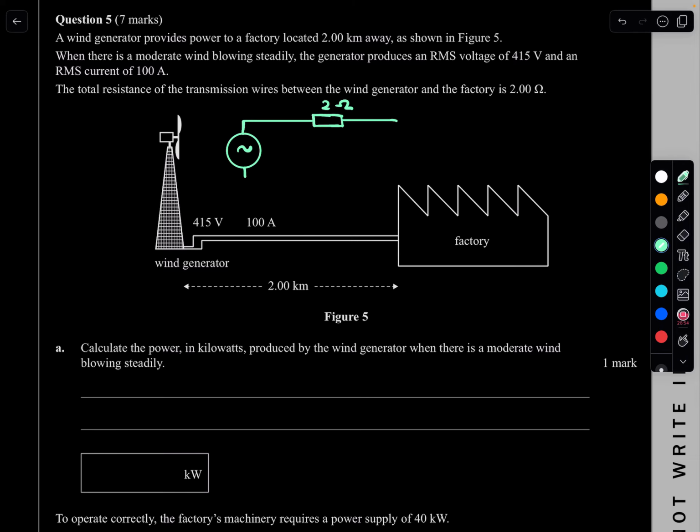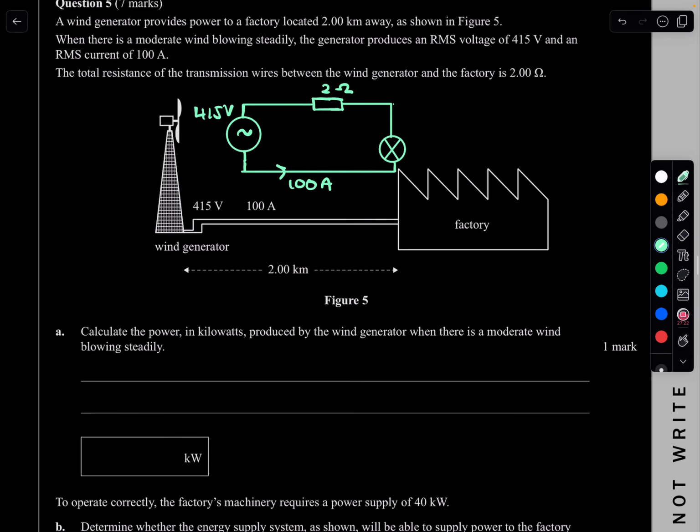And this part over here I'm going to draw as a light globe, but this is your factory. That's it. We know that the wind generator is providing 415 volts, and it's providing a current of 100 amps.